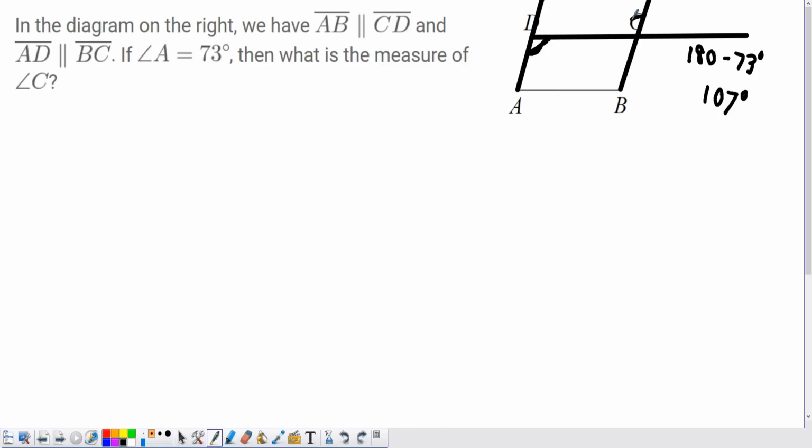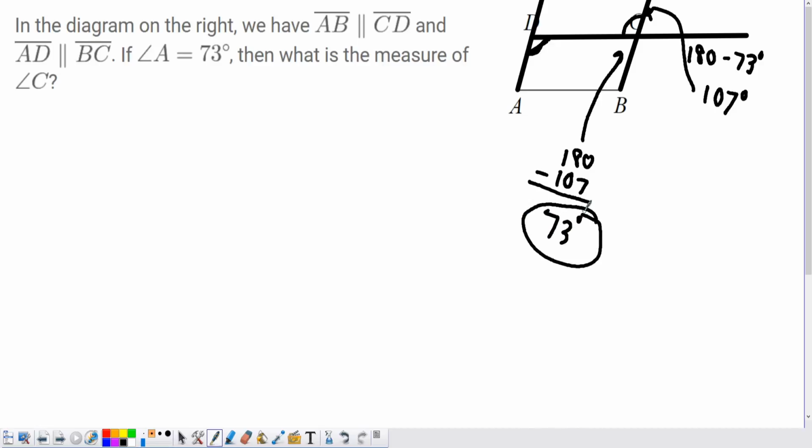So with this one we'll get the same 107 degrees, but then this angle, since 107 is this one, would have to be 180 minus 107, which ends up being 73. So it ends up being our original angle.